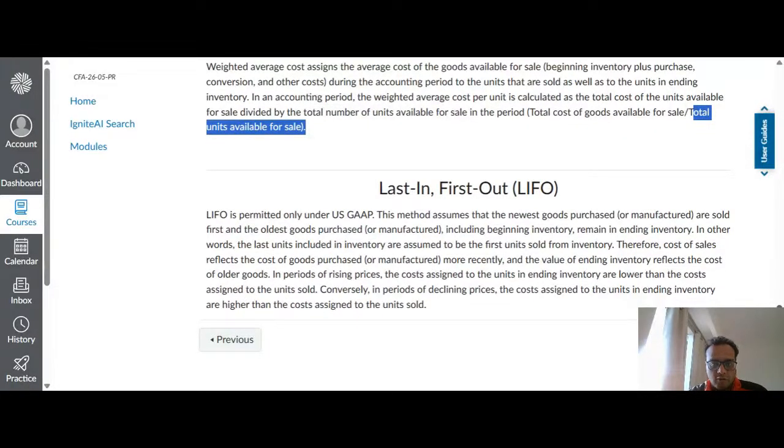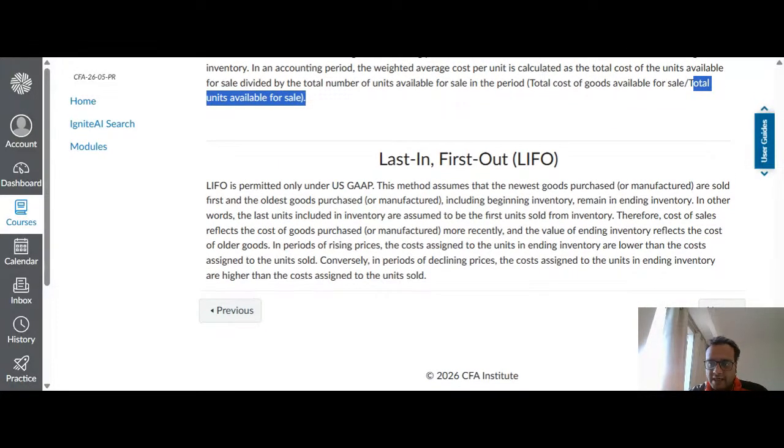Last in, first out is permitted in US GAAP. The method assumes that the newest goods purchased are sold first and the oldest purchased are sold later. The cost of sales reflects the cost of goods purchased or manufactured more recently, and the value of ending inventory reflects the cost of older goods.